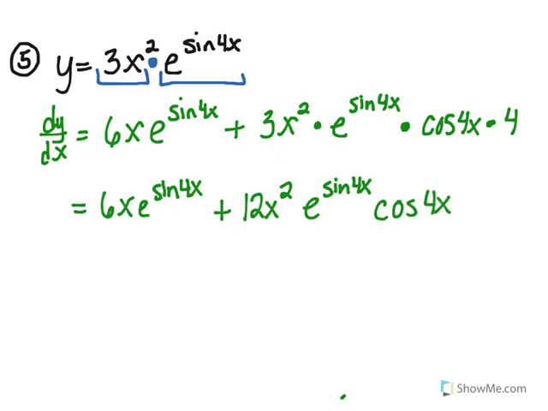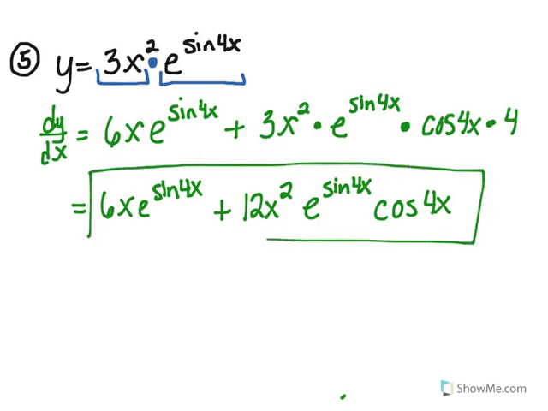If you wrote it in a different order, that would be fine too. It doesn't really matter the order that you put it in. If you wanted to, you could factor out a GCF, but it's not really going to help to make things look any easier, so you can leave it like this. Alright, that's it.